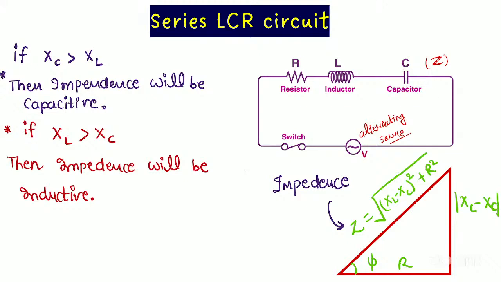So in that case, all the calculations will be across the capacitive circuit. We will assume it as a pure capacitive circuit, and then we will do all the calculations. But if XL is greater than XC, then the circuit will behave as a pure inductive circuit.